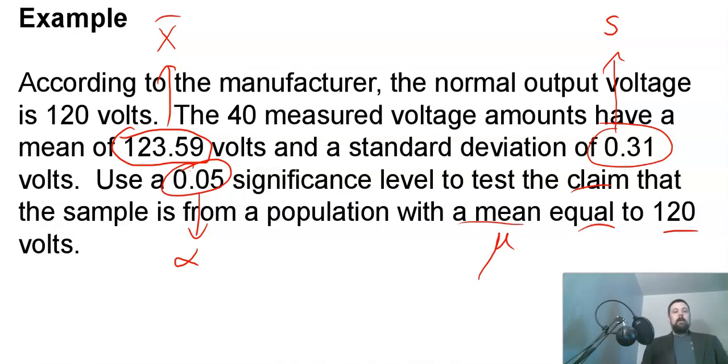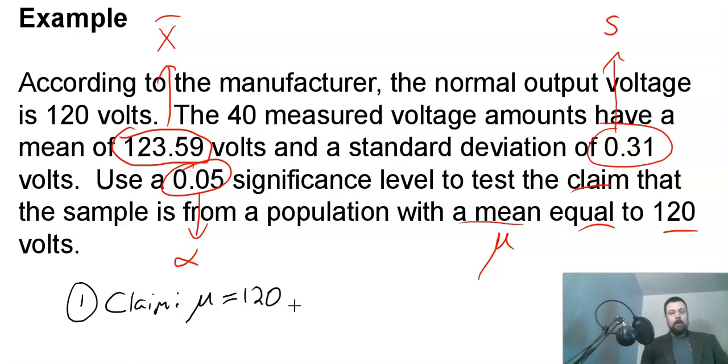All right. So we're going to go through the hypothesis testing process in order to get our conclusion about this claim. The first step in that process is to state the claim in mathematical form. So the claim here is that the mean, which again is represented with the symbol mu, is equal to 120 volts, but I'm just going to drop the units on the numbers.